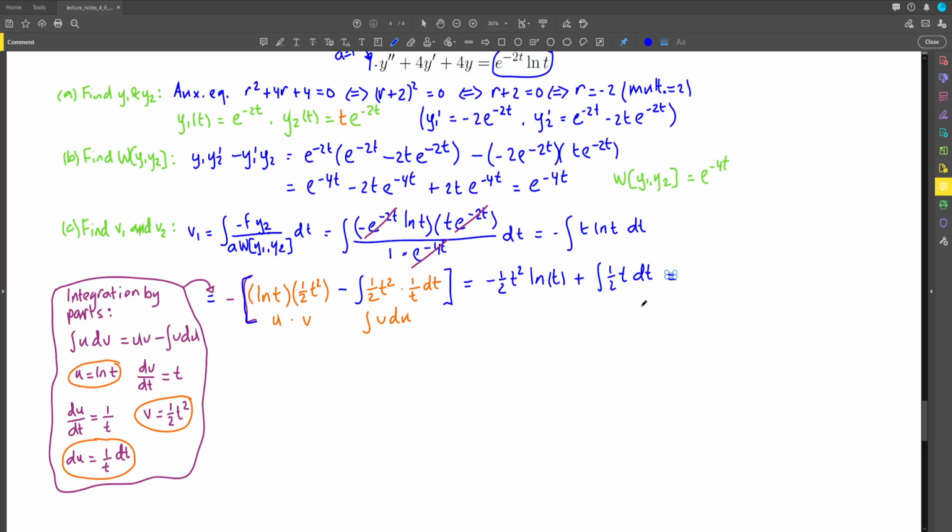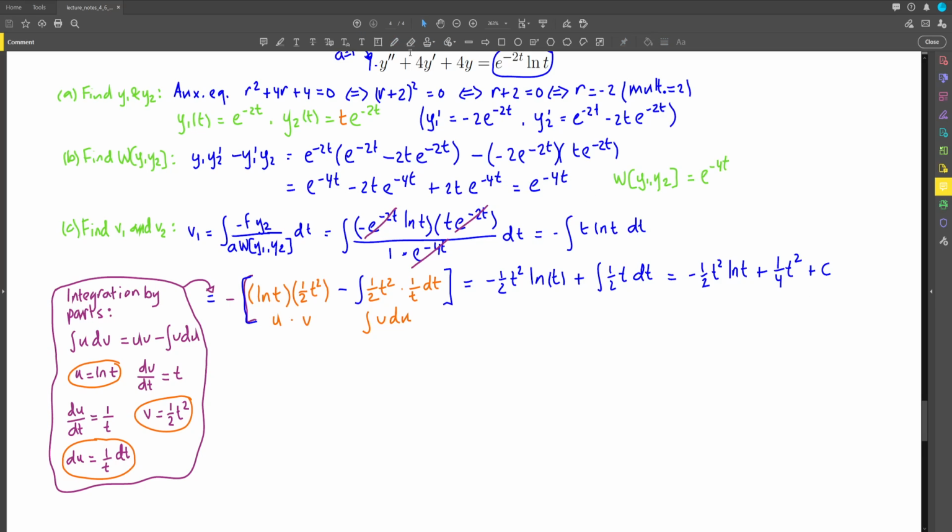And this integral, we can use a power rule for that. And so that becomes plus 1/4 t squared plus c.